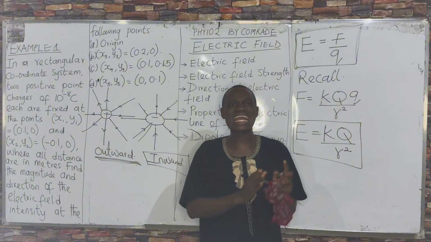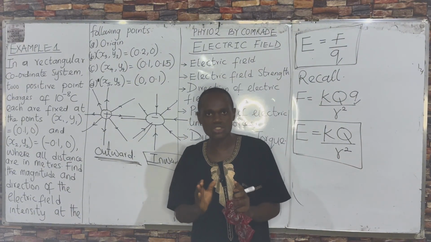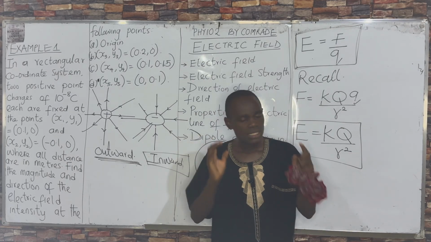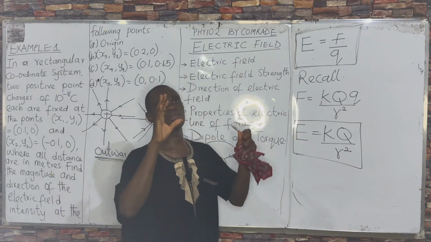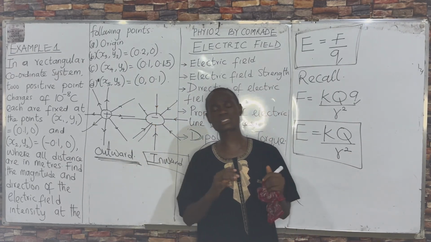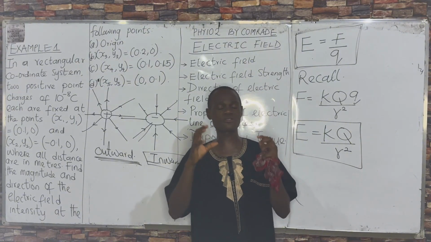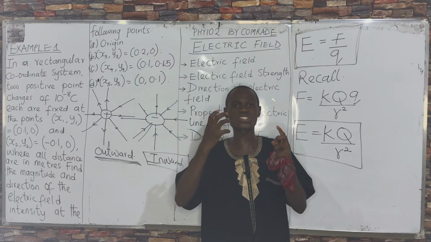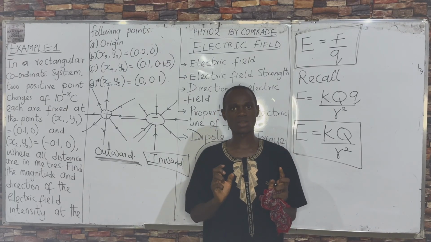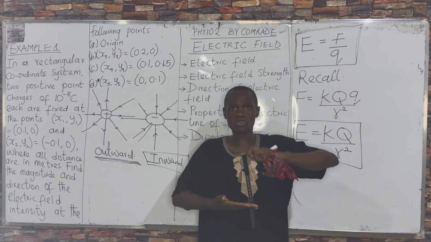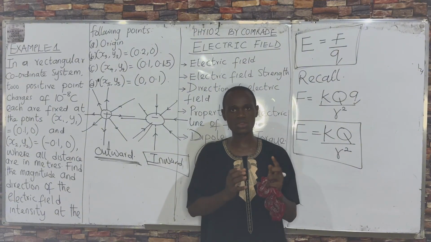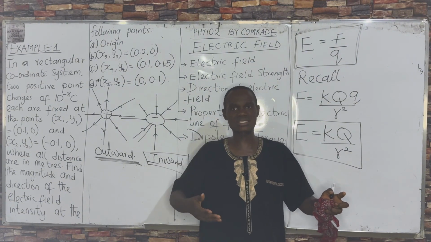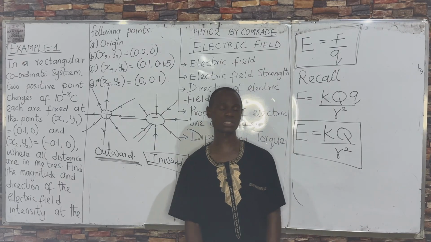You can also say it moves away from the positive charge towards the negative charge. Is that clear? The fourth property is that the density of the field gives you the strength of the field, meaning the closer the lines, the stronger the field, and the wider the lines, the weaker the field.